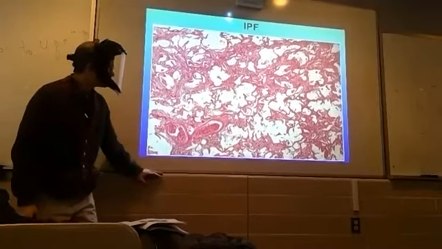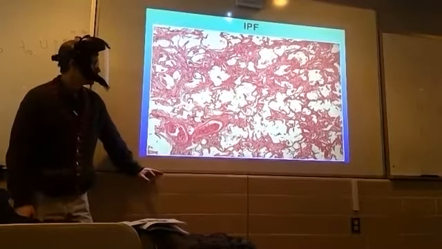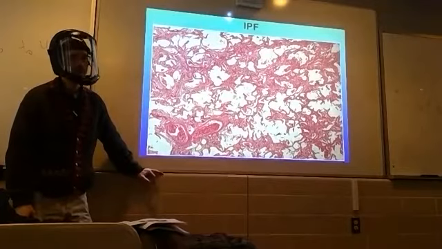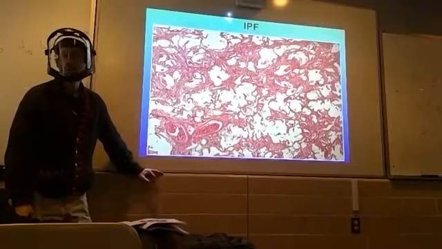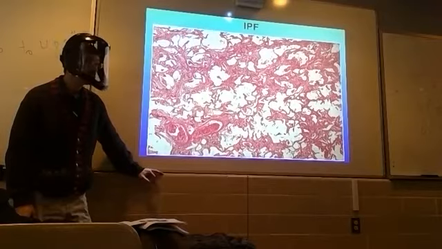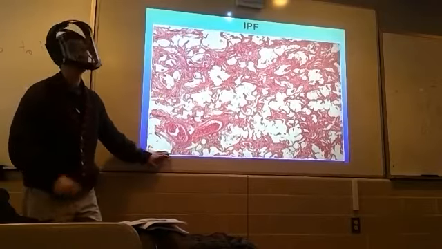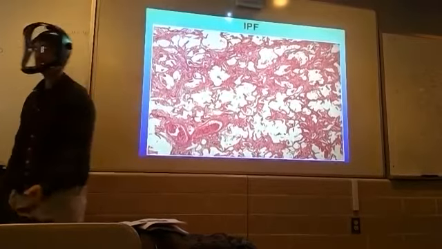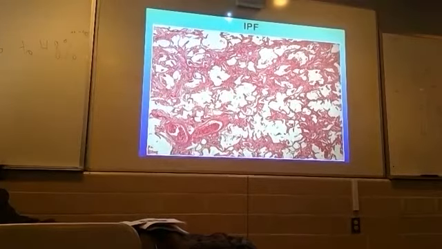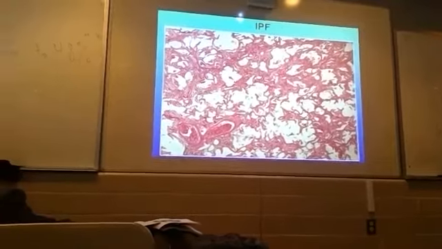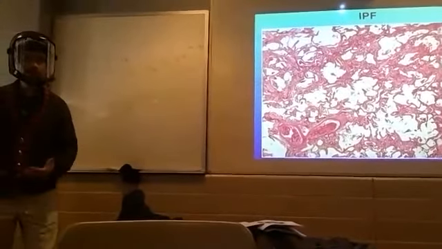In order to make this diagnosis, you really have to exclude every other cause of scarring of the lung. There are many things that can scar the lung. Some things are treatable, some things are avoidable. When you give someone a diagnosis of idiopathic pulmonary fibrosis, basically you're telling them, well, we don't know what's causing this problem. There's really no way to treat it effectively.